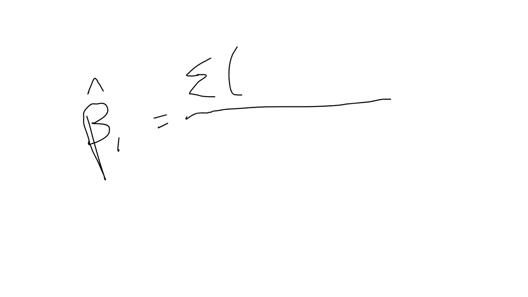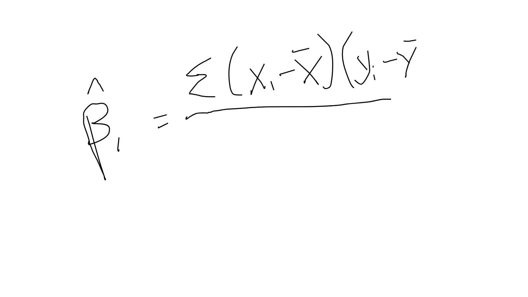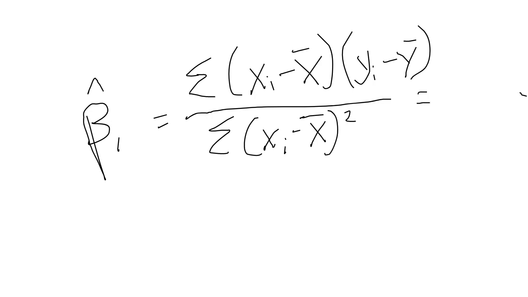So if you remember our formula for slope, we have beta hat 1 equals this over this, which is also just the covariance over the variance.